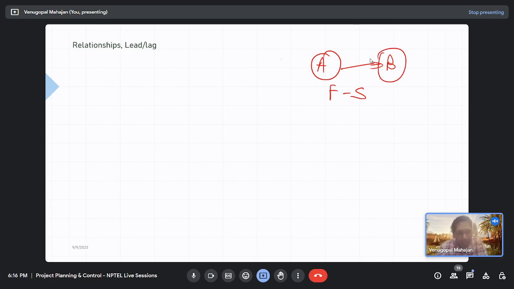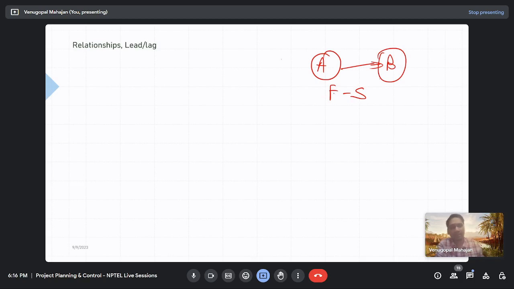If you have to put inspection in this CPM network, you would have to make it a separate activity. Activity A finishes, then the inspection activity starts and finishes, and then activity B starts. But in PDM, you can just have some lag and show it.